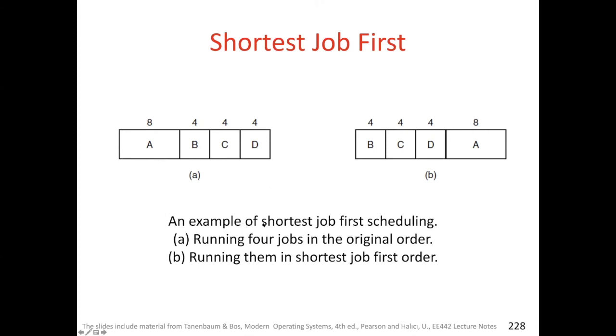Here, an example of shortest job first scheduling is given. We have 4 processes having execution times 8, 4, 4, 4. Part A is showing running 4 jobs in the original order. However, if the shortest job first algorithm is applied, then the ordering is shown in this figure.